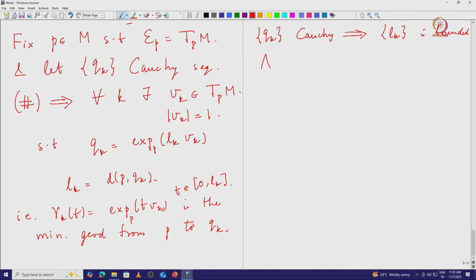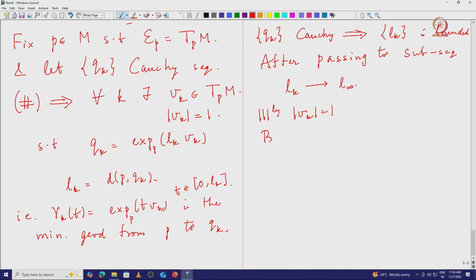Okay. So after passing to a subsequence, which I will continue to denote by Lk for ease of notation, these Lk's converge to some L infinity. Similarly, all the Vk's have norm 1. So again the unit sphere is compact.